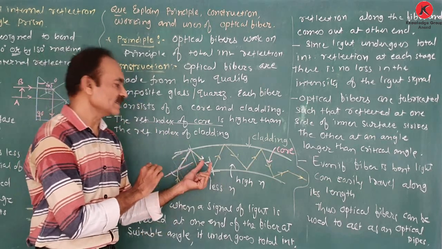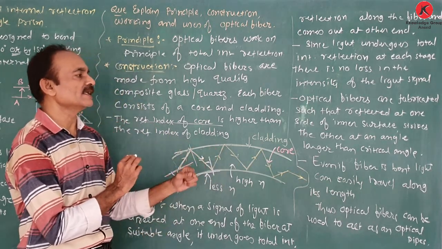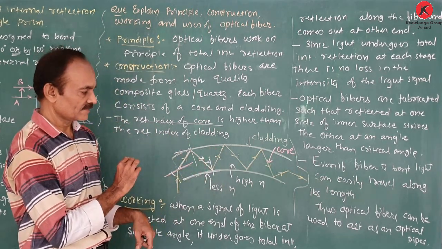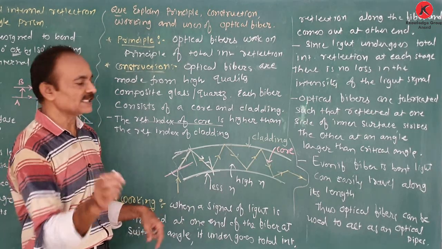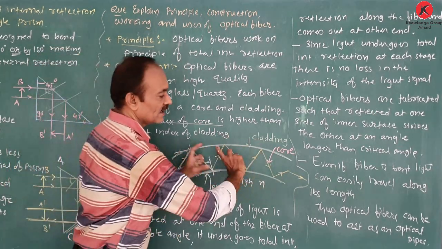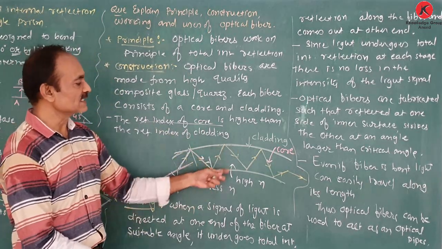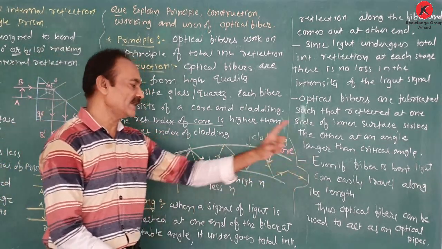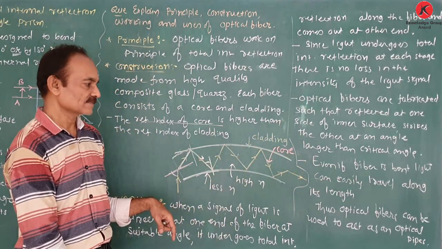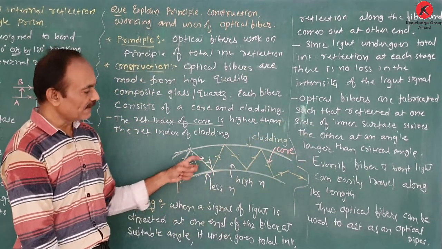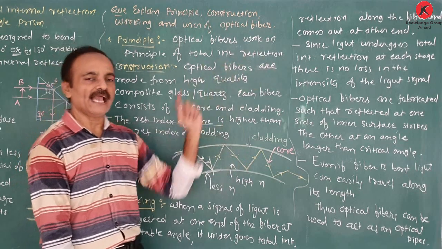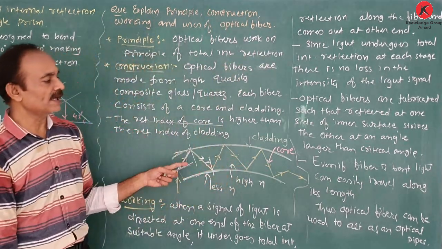As a result, it undergoes total internal reflection, and due to that, even if the optical fiber is bent, the light can easily travel along its length. Thus, the optical fiber can act as an optical pipe.